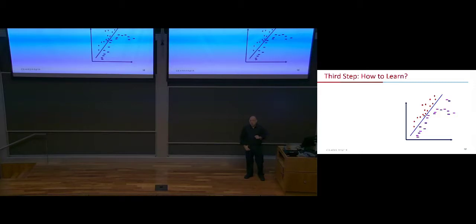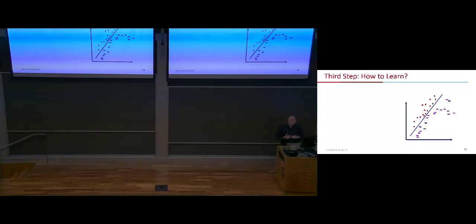Start with a random W and see how well we're doing and correct it. What does it mean, how well we're doing? So if everyone buys into this methodology, essentially it's going to be an iterative algorithm. That's the suggestion. We have to figure out how to correct.